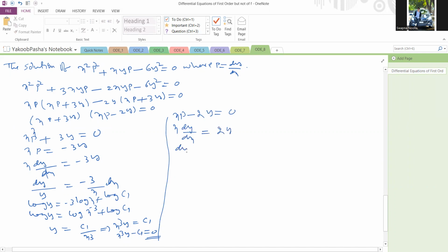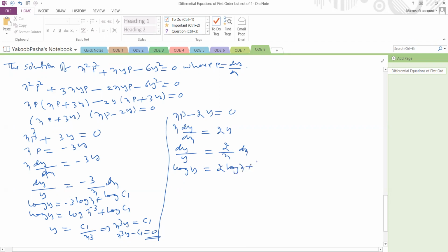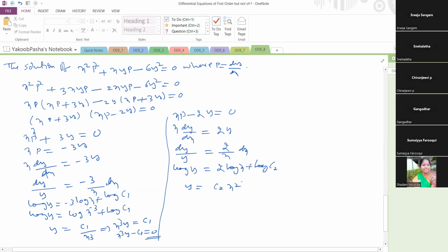So we can write it as dy by y is equal to 2 by x into dx. Now integrate on both sides. We get log y is equal to 2 log x plus arbitrary constant log c2. So y is equal to c2 x square. That is y minus c2 x square is equal to 0. This is the second one.